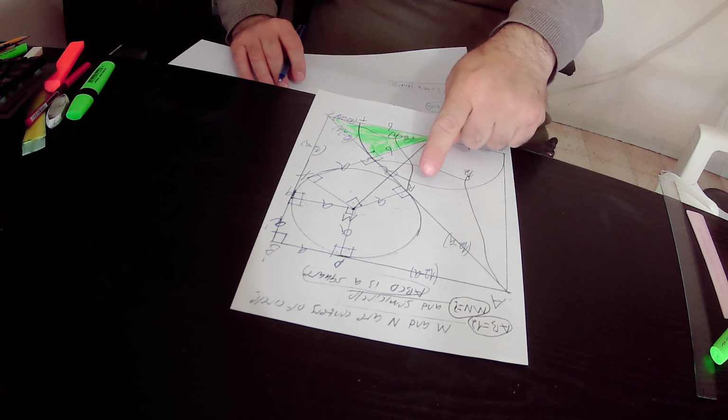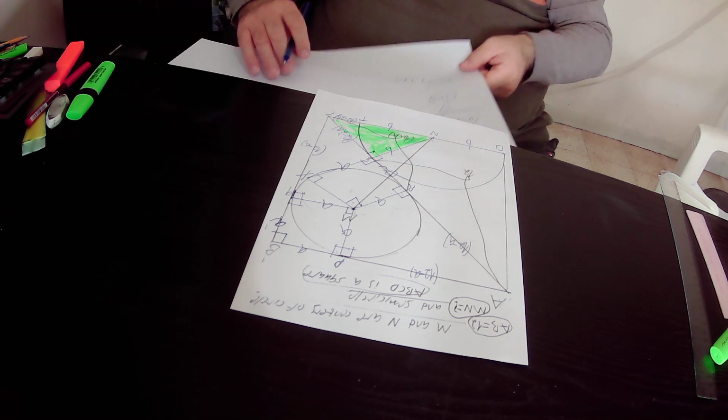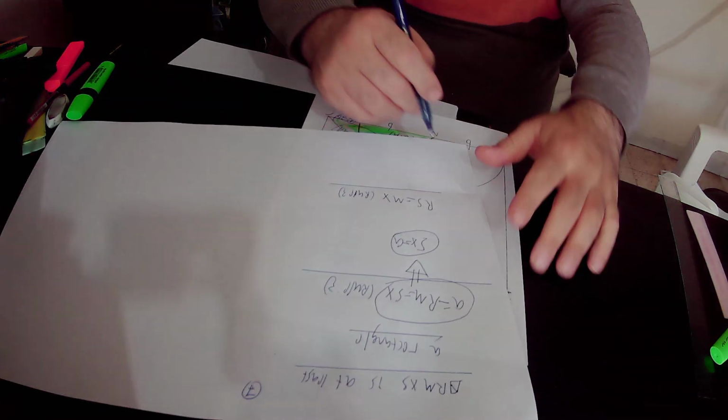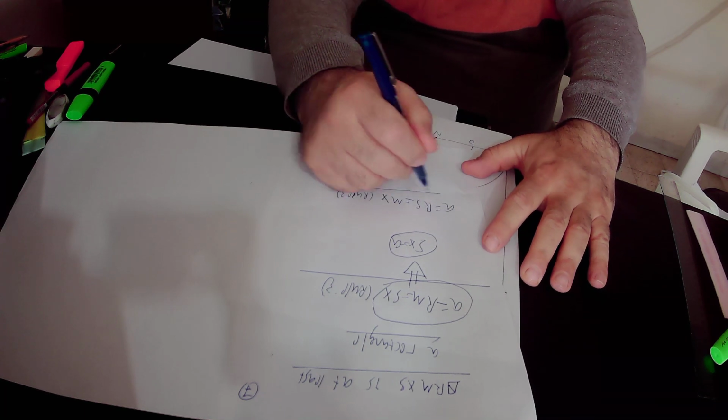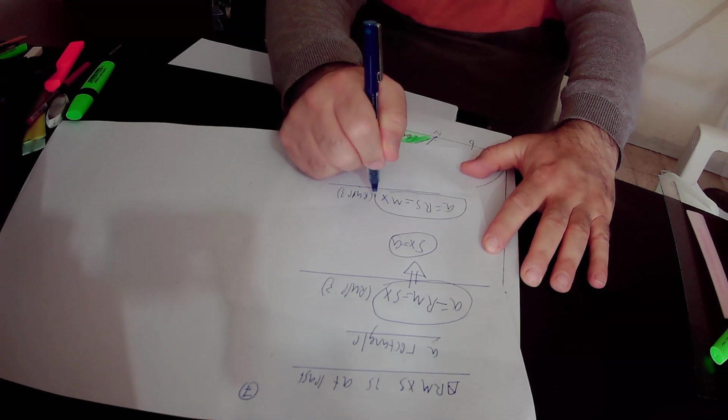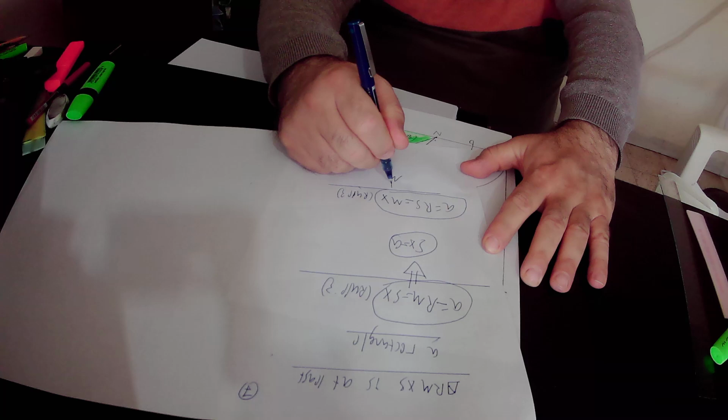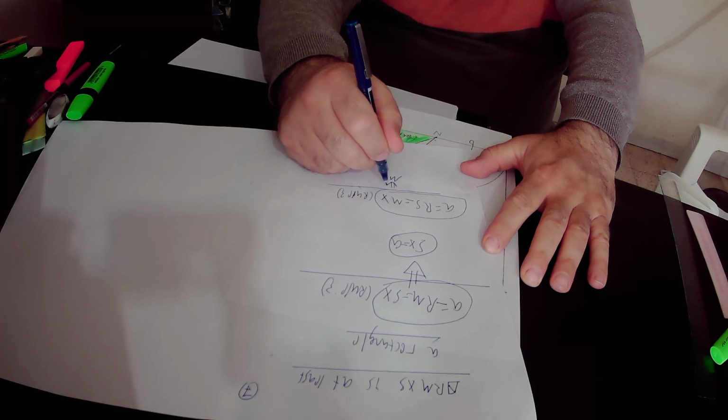But we have already found out that RS equals A. So from this equation, we will derive that MX is also equal to A.